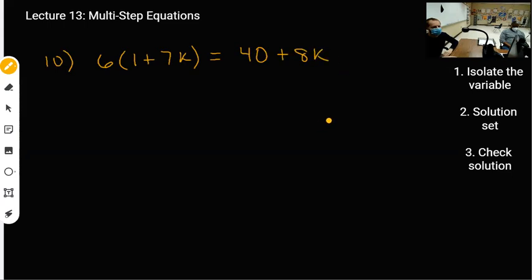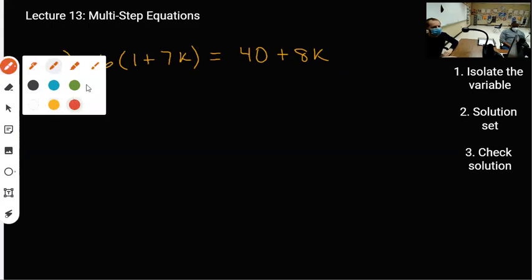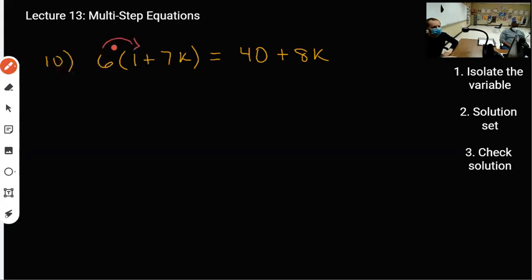Now for this one, the first thing that I see is the distributive property on the left side. So I'm going to take this 6 and multiply it by everything over here. 6 times 1 is going to give me 6. And 6 times 7k is going to give me 42k.